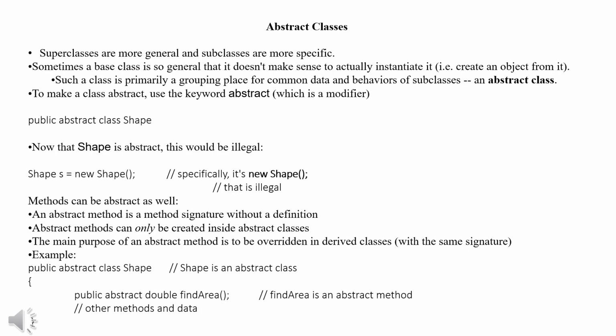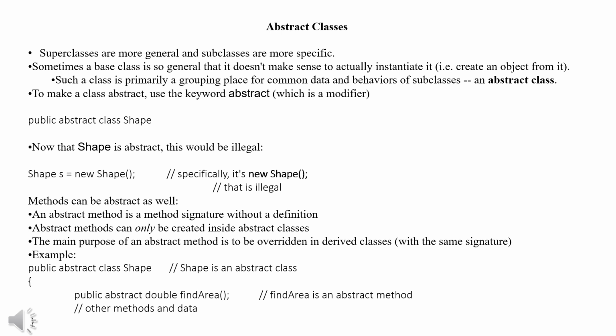Okay, so now you are familiar with inheritance. You know that in inheritance we have actually two classes. The first class is the superclass and the second class is the subclass.